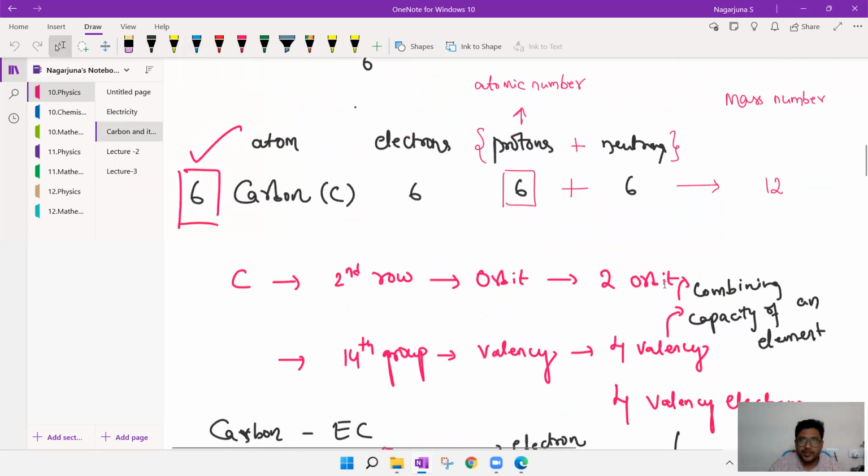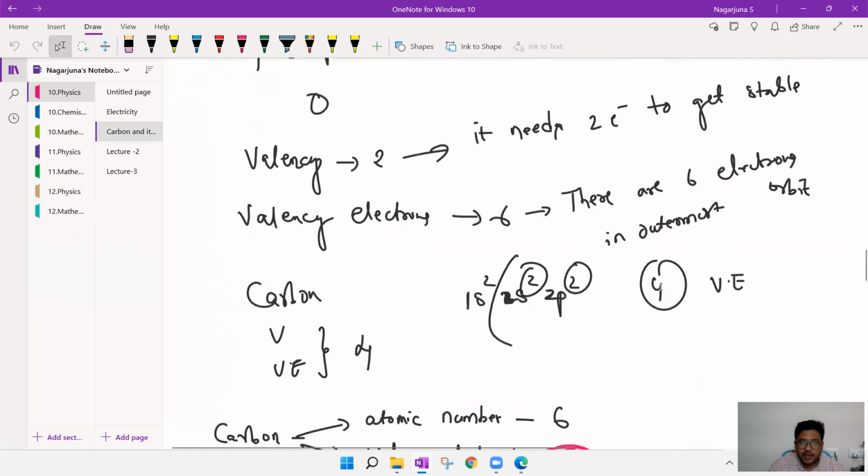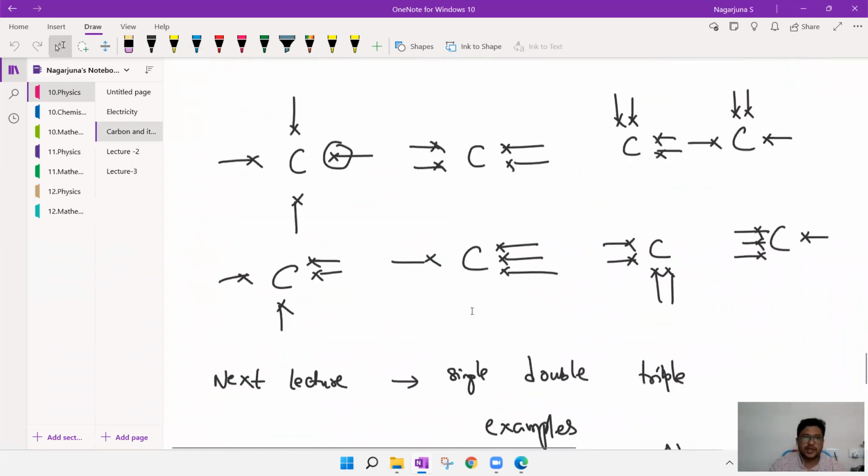If you can observe, here I told you carbon can have 4 valency, and the 4 valencies you can represent however you want. In this diagram, I have represented carbon with 4 single bonds. In this diagram, carbon with 2 double bonds.